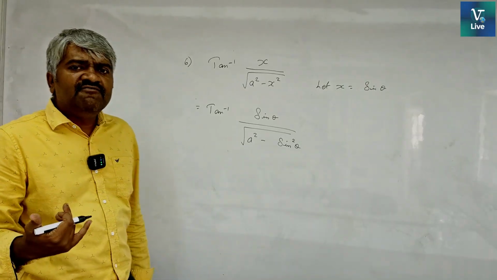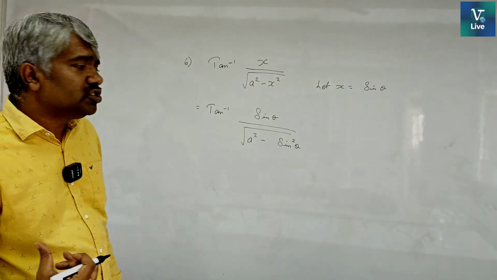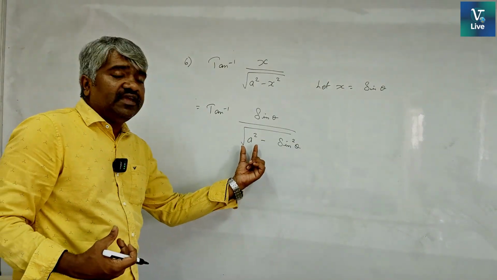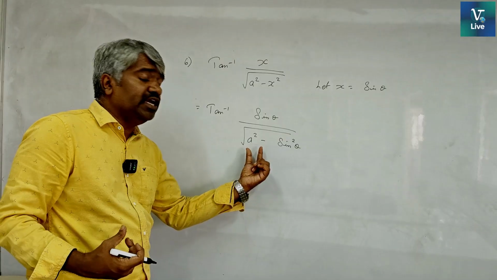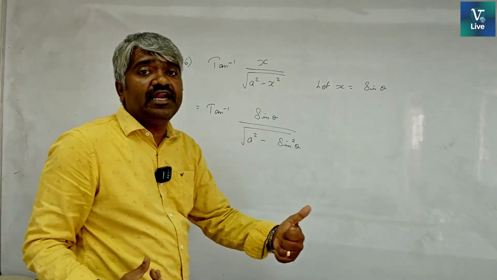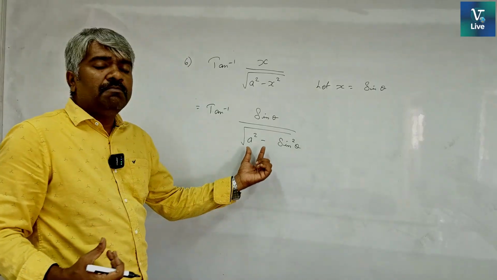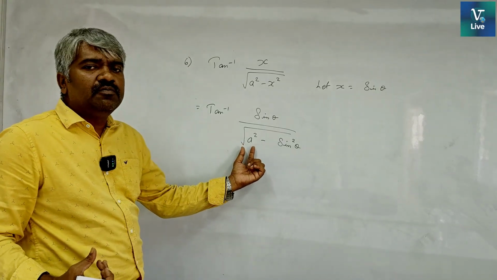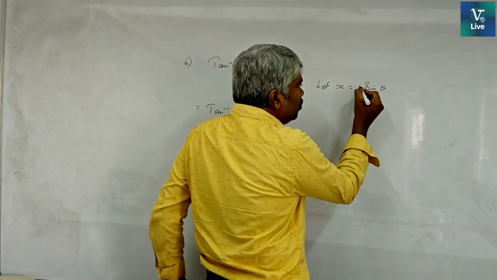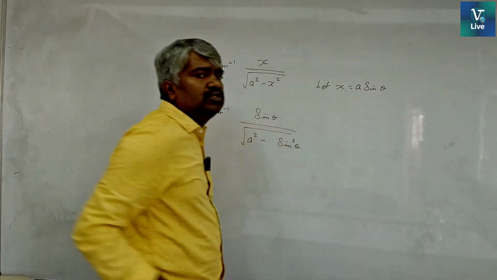Now I need to convert this into sine by cos. Is it possible to convert this into cos? If a square was not there, and instead 1 was given, we could use the trigonometric identity and convert into cos. But here they have given a term called a square. So how to solve this? Now I am going to take x equal to a into sine theta.